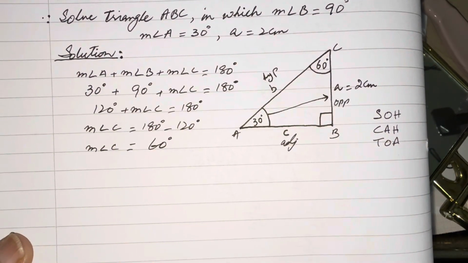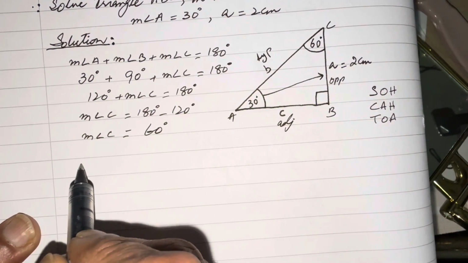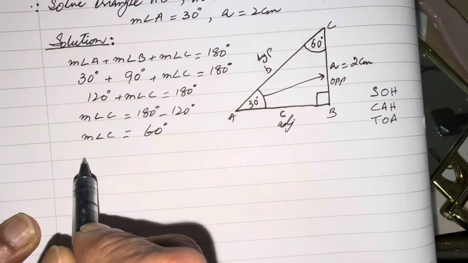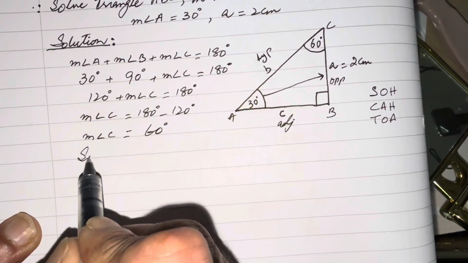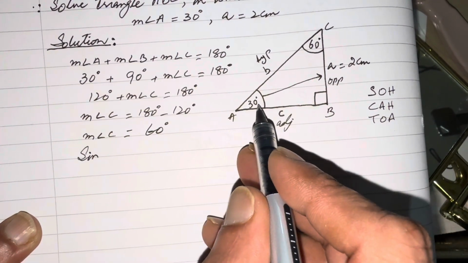So we use the word SOH, which is sine theta. Sine theta means, what is the value of theta?